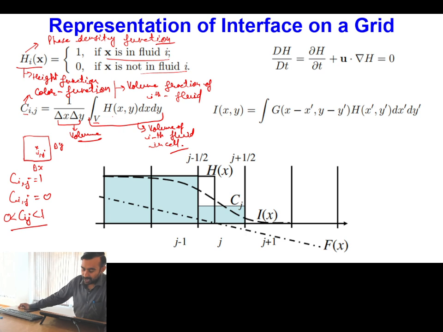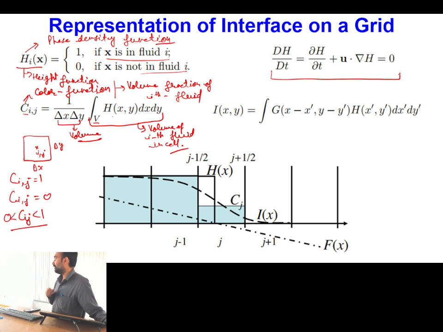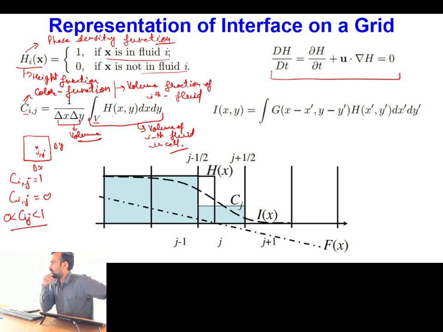Okay, now we also know that whenever we have represented our interface with the help of these different mathematical functions, ultimately in a numerical solver we need to propagate, or advect, that interface with space and time depending upon the normal interface velocity.